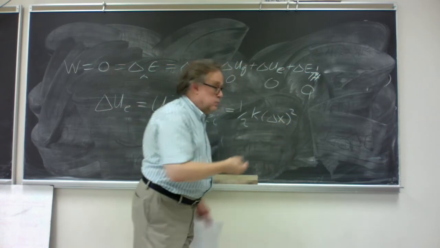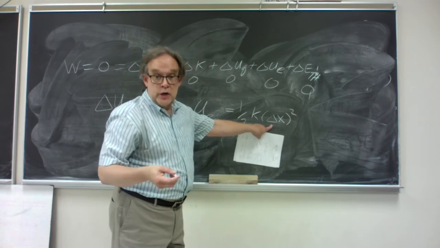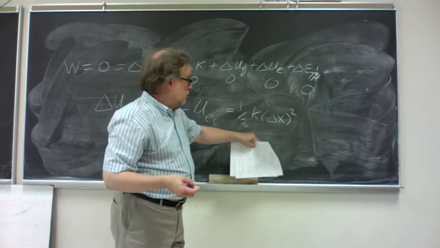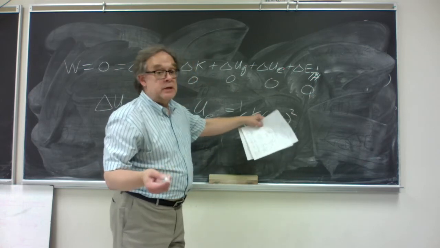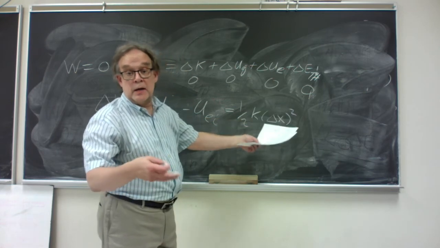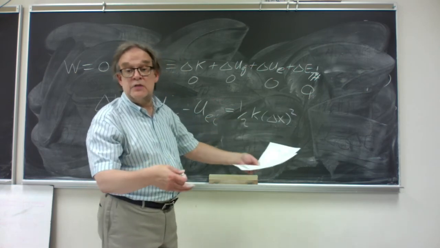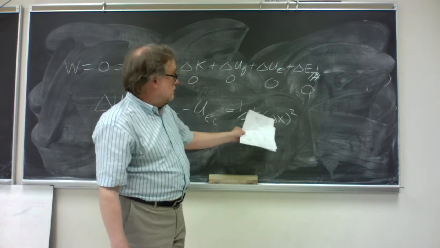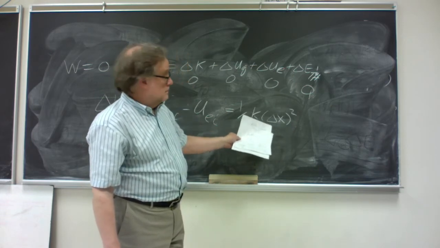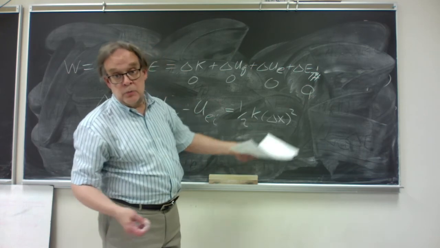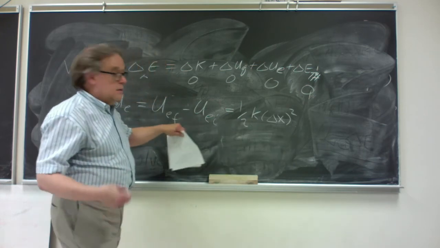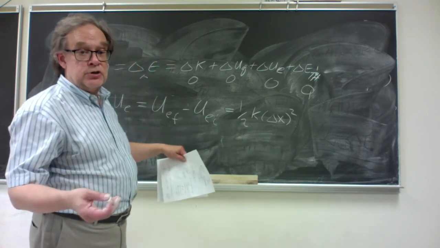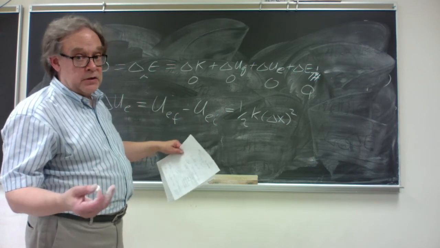This is the same displacement that appears in the equation for a spring force. Notice that a displacement is a vector, so it can be either positive or negative. It can point in the positive direction or the negative direction, but you're squaring, so even if this is negative, a negative number squared gives you a positive number, so elastic potential energy is never negative.